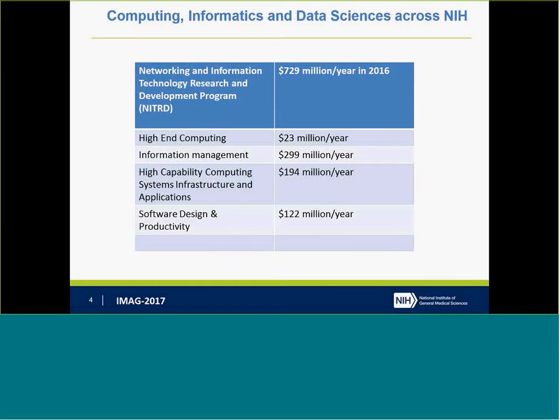So it's not an insignificant amount. All of IMAG does fall under one of these categories, but of course we see a trend that is growing every year as we increase our funding for big data and computing.